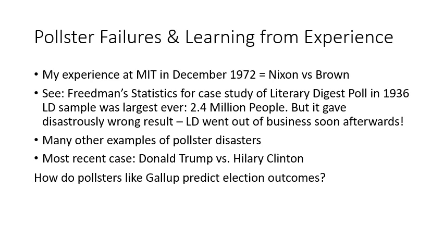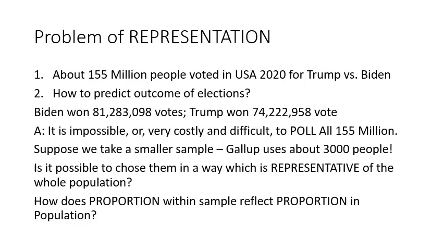So the question is, how do we predict election results? By taking a survey, and in particular we will see that random sampling has a very important role to play in this. The most important problem is one of finding a representative sample.